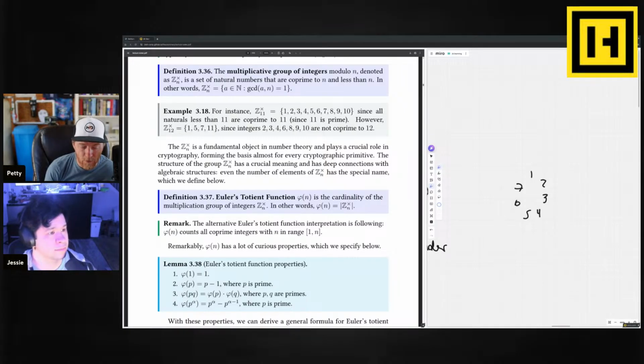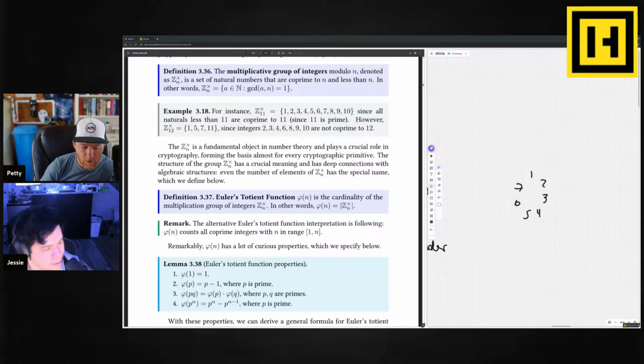Like real space has cardinality 3 because it's R to the third. Oh, okay, I see what you're saying. I remember, this is like in XYZ space, cardinality 3. Yeah, I got you. It's coming back.